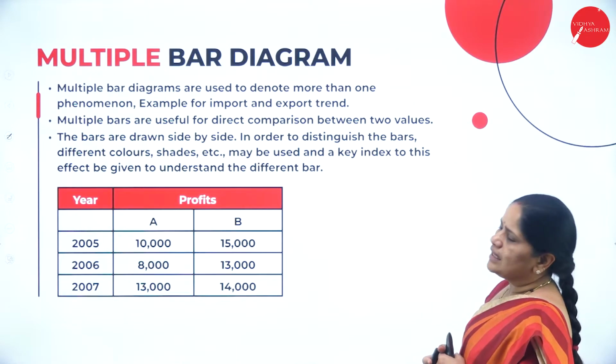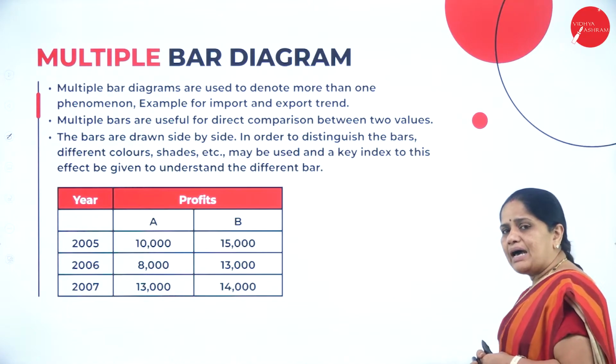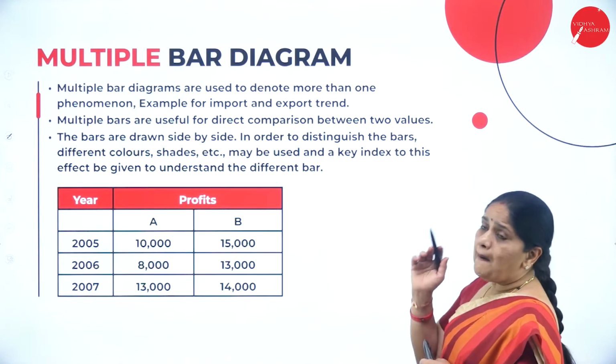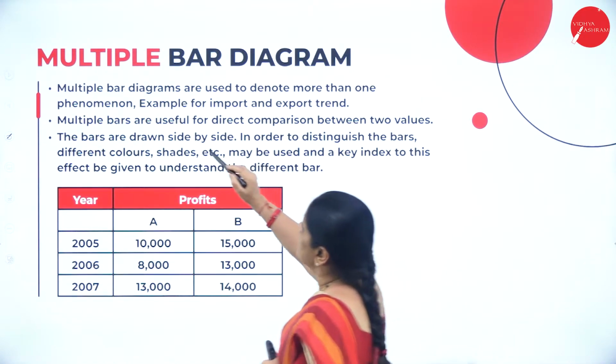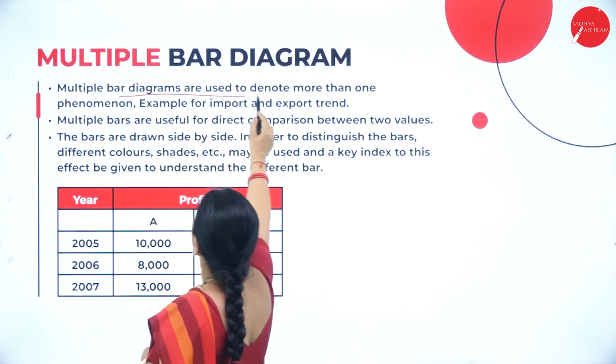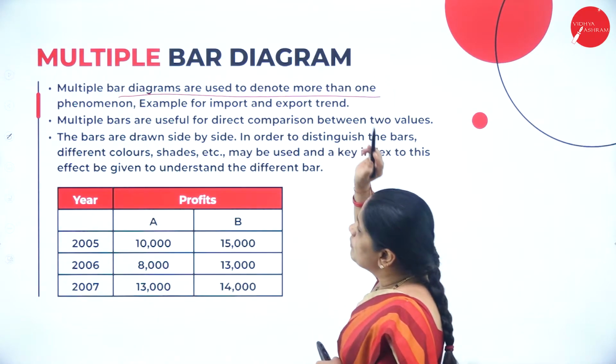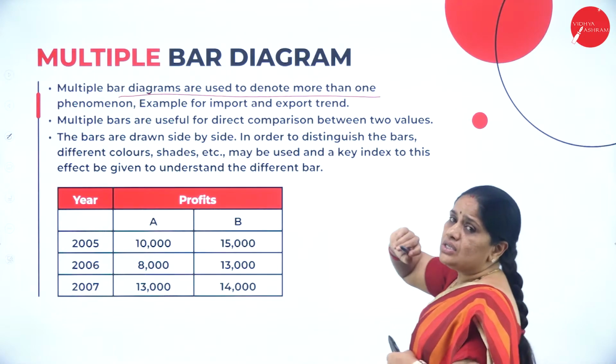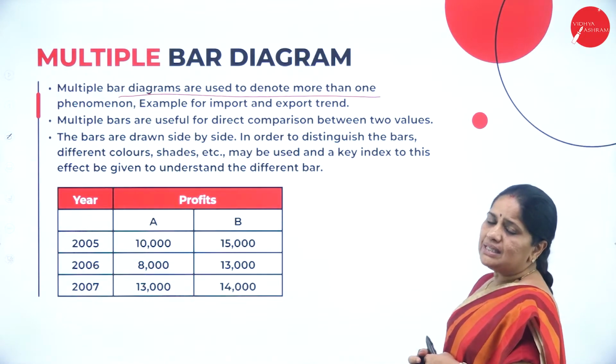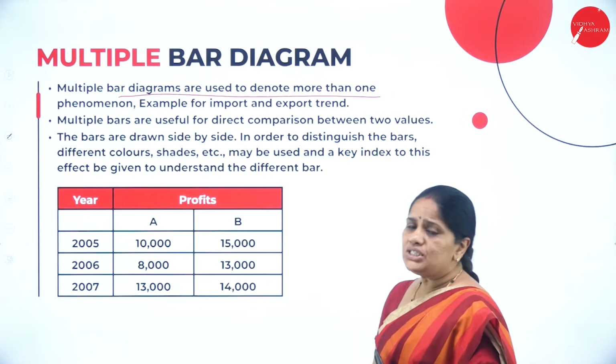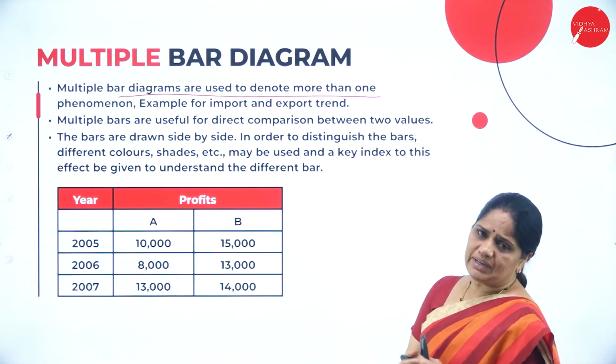Then next, the second kind of bar diagram, we call it the multiple bar diagram. Multiple bar diagrams are used to denote more than one phenomenon. In the previous diagram, the simple bar diagram, I showed only the profits of the various years.